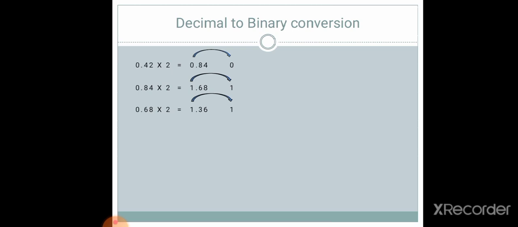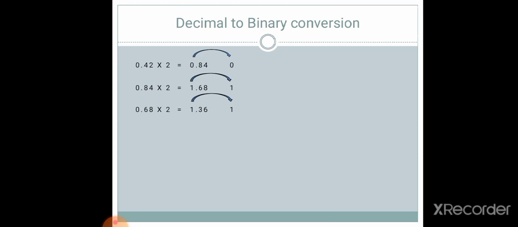Now when we pick 1 from 1.68 at the right hand side, the number left there is 0.68. So after writing that 1 in front of 1.68, 0.68 will remain. So we have to take out that 0.68 below, and again we have to multiply that 0.68 with 2, right?